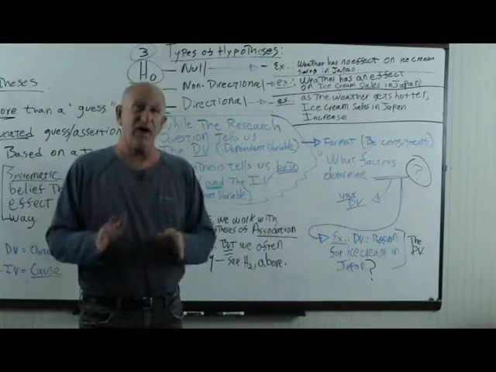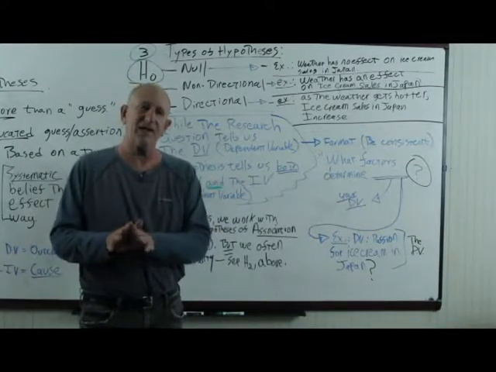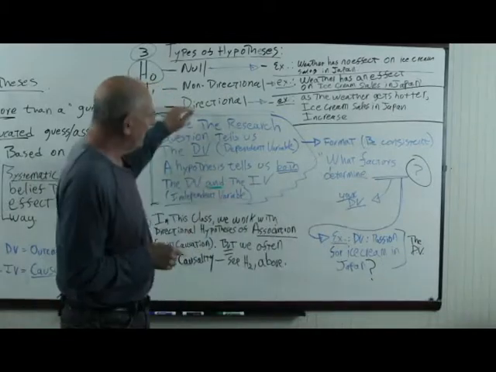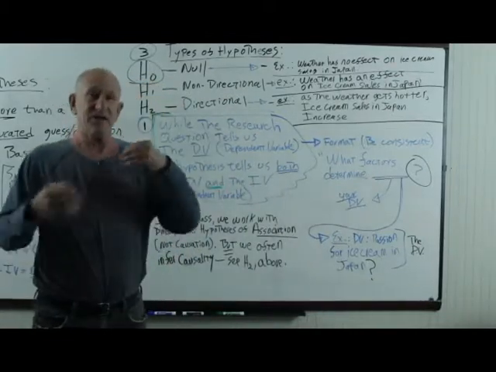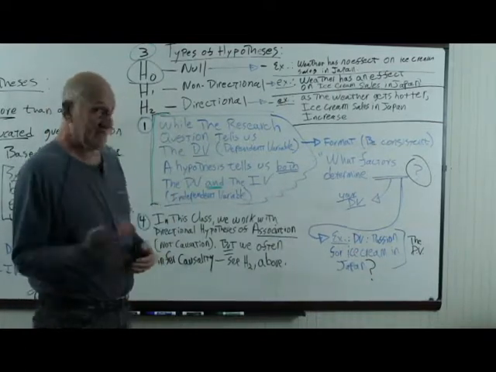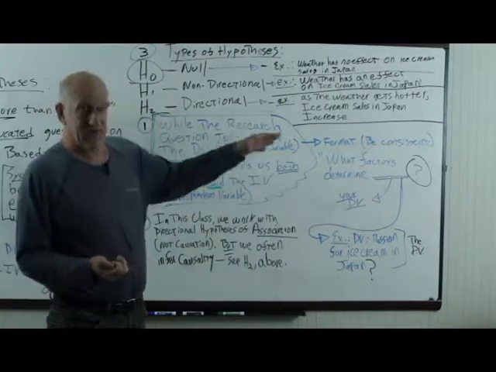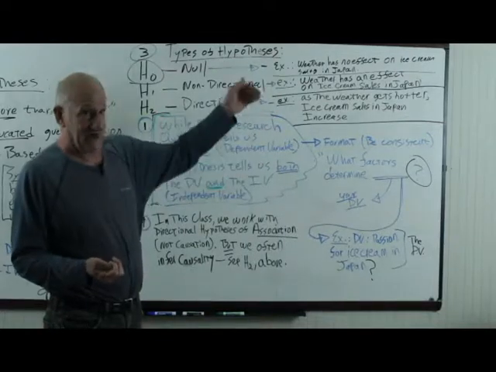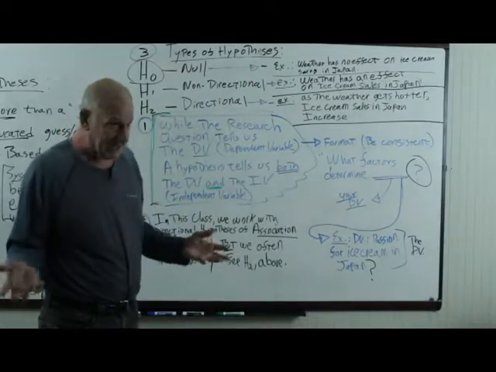It tests for association. So you have to be a little bit careful. Since it's a directional hypothesis, you get the direction of the association. In other words, it's kind of absurd to think that as ice cream sales go up in Japan, the weather gets hotter. That makes no sense.